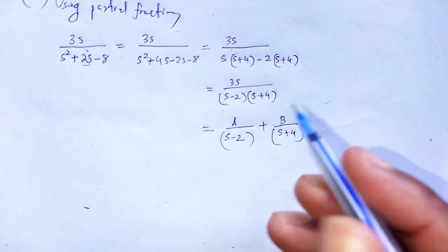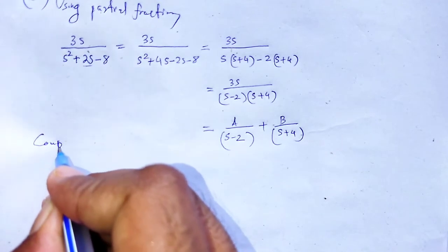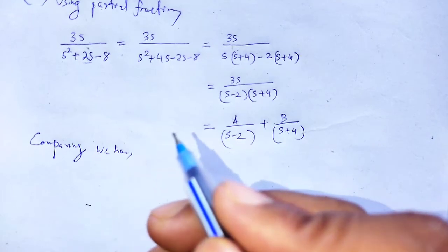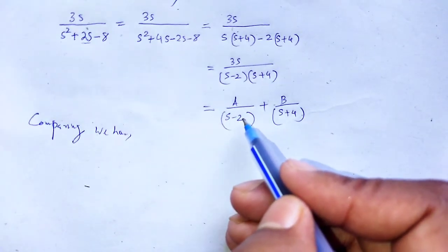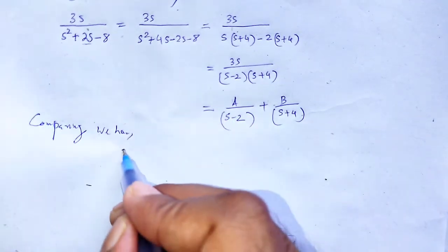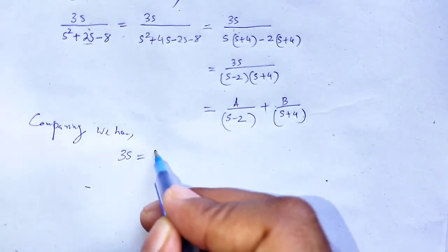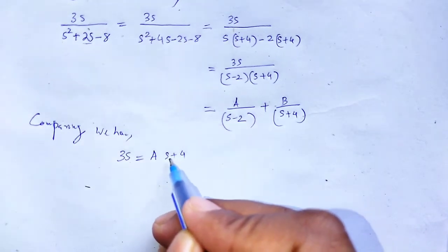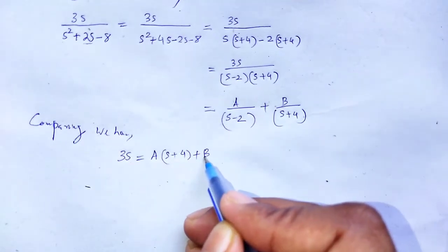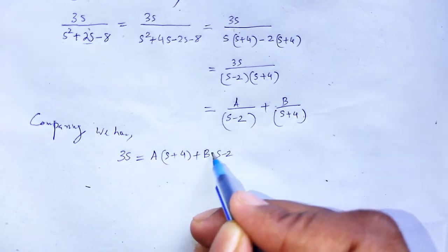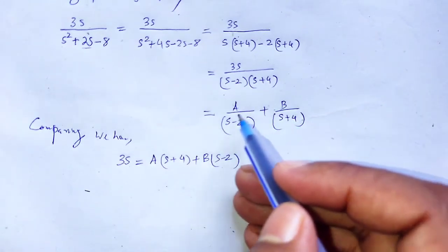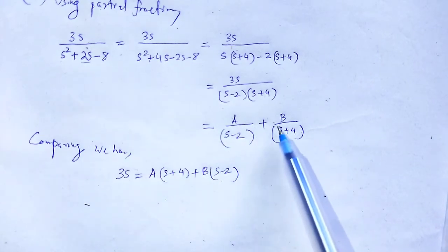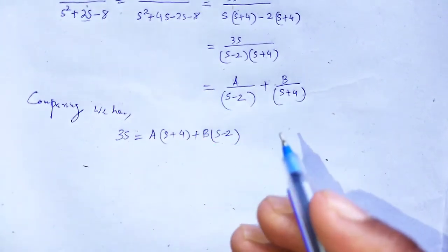Now comparing both sides, we have 3s is equal to a whole into s plus 4 plus b whole into s minus 2, taking the LCM and adding these two.